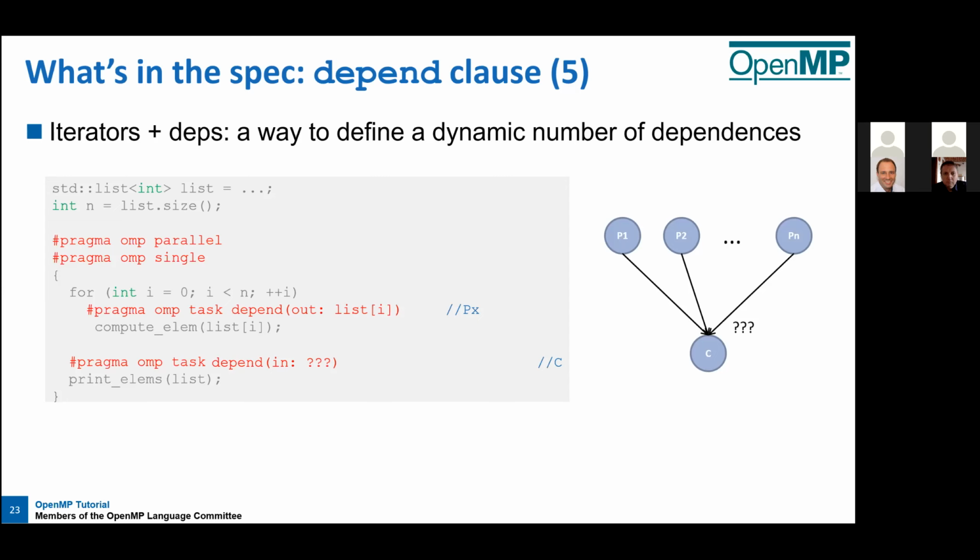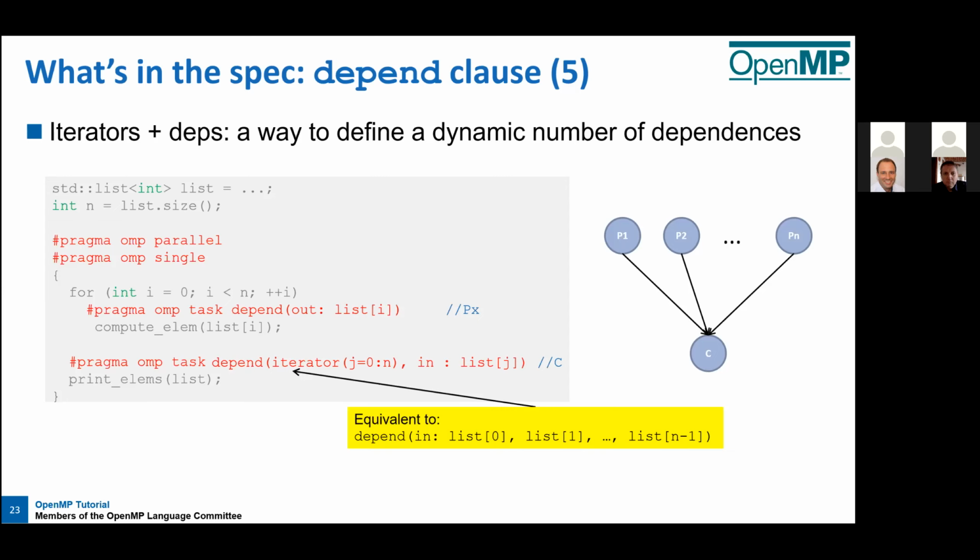There's no real way to express this unless you use the iterator clause, where you can say, in this dependency clause, J is going to iterate from 0 to n, with similar semantics as in C, so excluding n, so from 0 to n minus 1. And then you can say this is a list item. List item J is an input dependency for this second task, and so this depend clause will now match all the list items with index I that are produced by the first producer task.